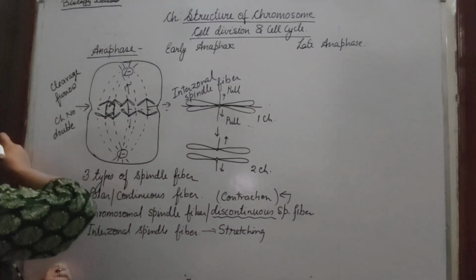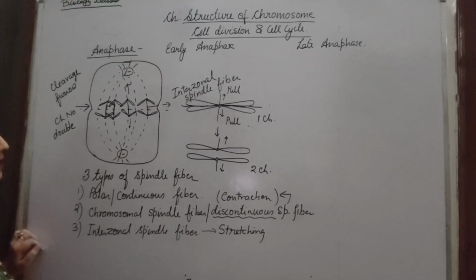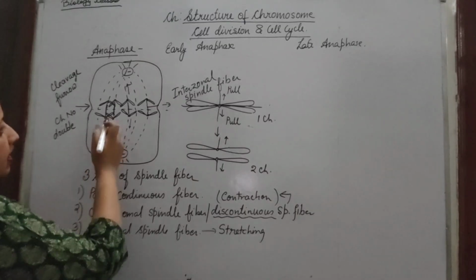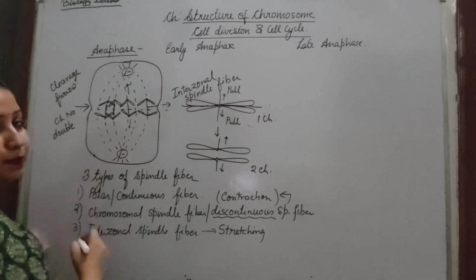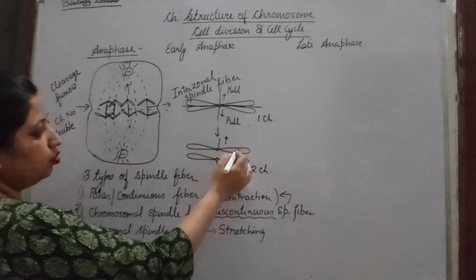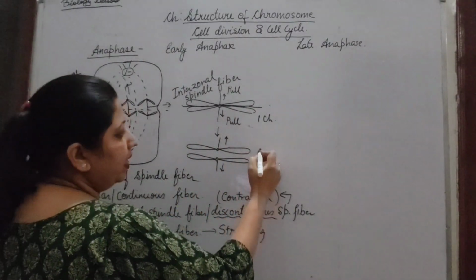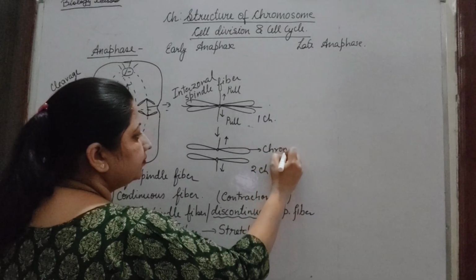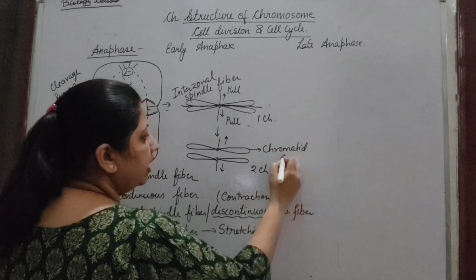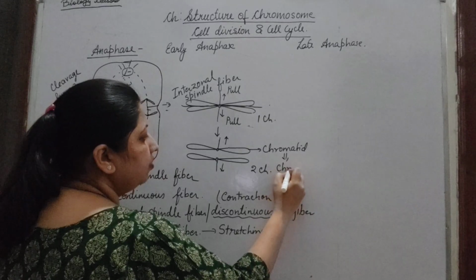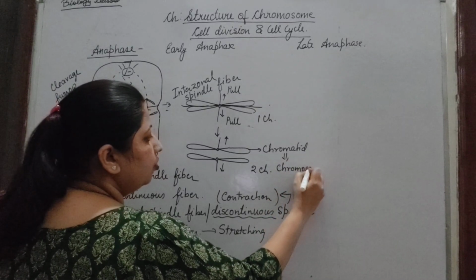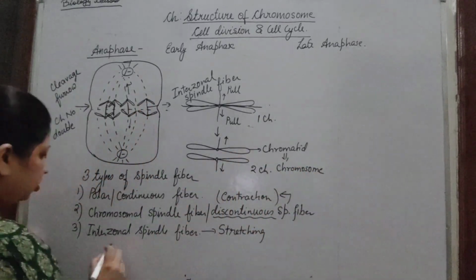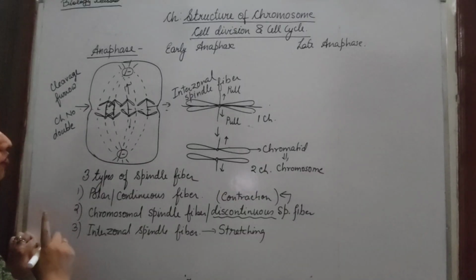So what changes have we seen in the early anaphase? The chromosome splits into two parts to give two chromatids, and now these two chromatids are called chromosomes. What will we start calling them? Chromosomes.